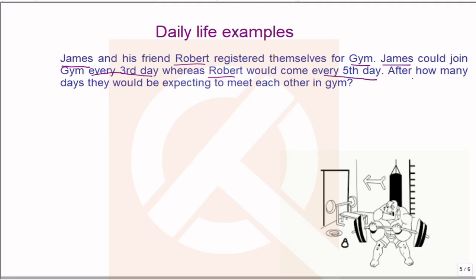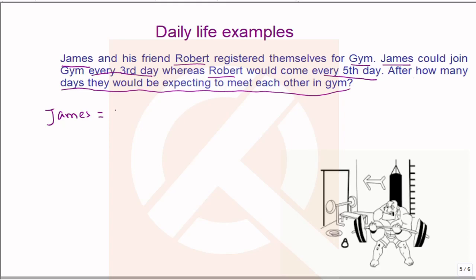After how many days would they be expected to meet each other in the gym? First of all, we'll look at the days on which each of them comes to the gym. First we start with James. We can say that James is joining the gym every third day.